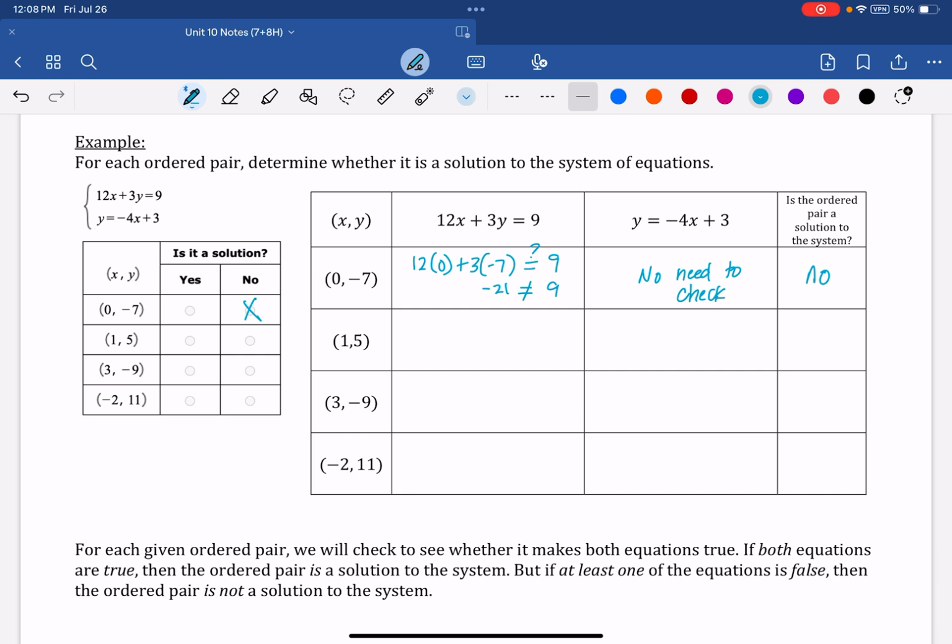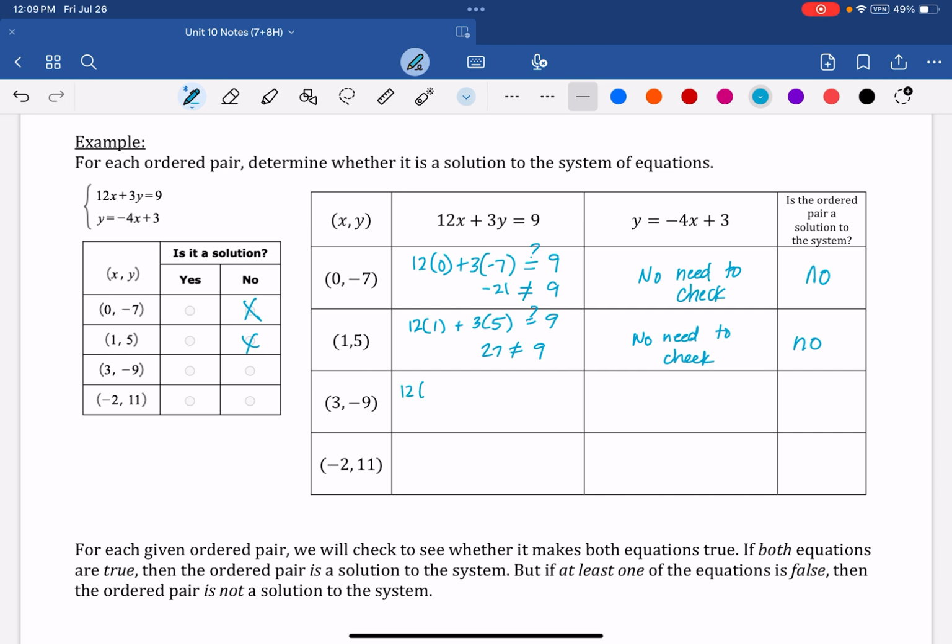Okay, let's try this one. So we have 12 times 1 plus 3 times 5. Does that equal 9? Well, that's 12 plus 15, so 27, again, does not equal 9, so there's no need to check on the second equation. So no.